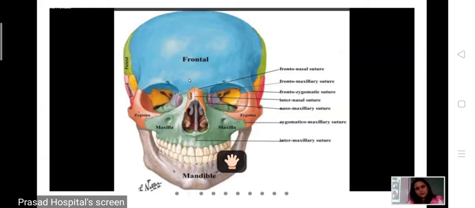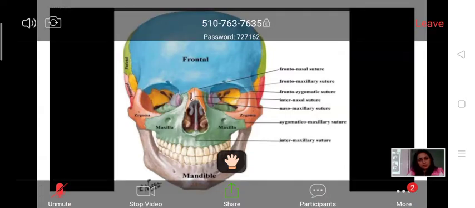The suture present between the maxilla and nasal bone is called nasomaxillary suture.